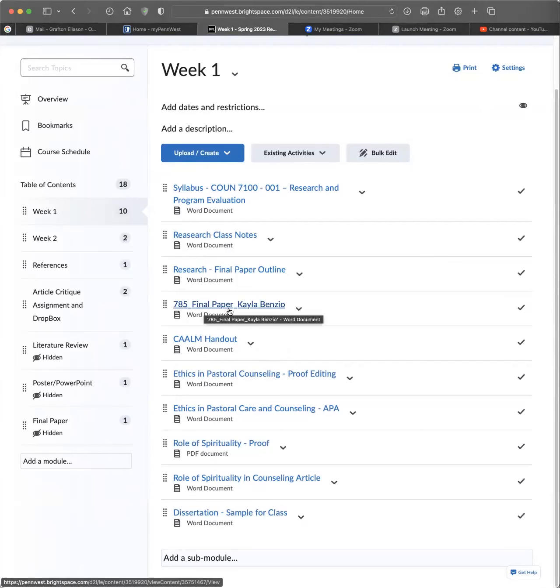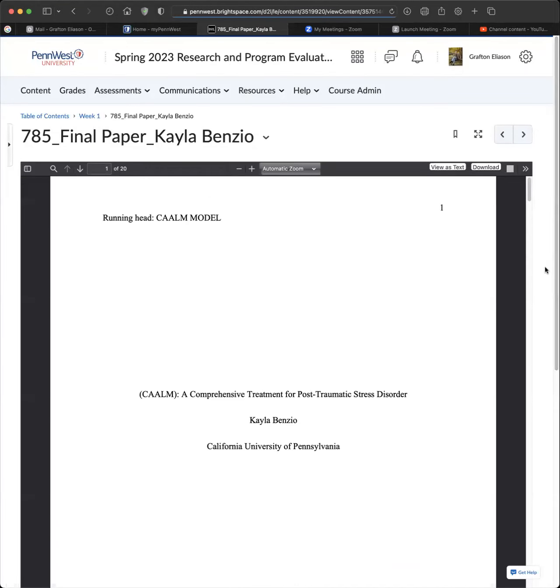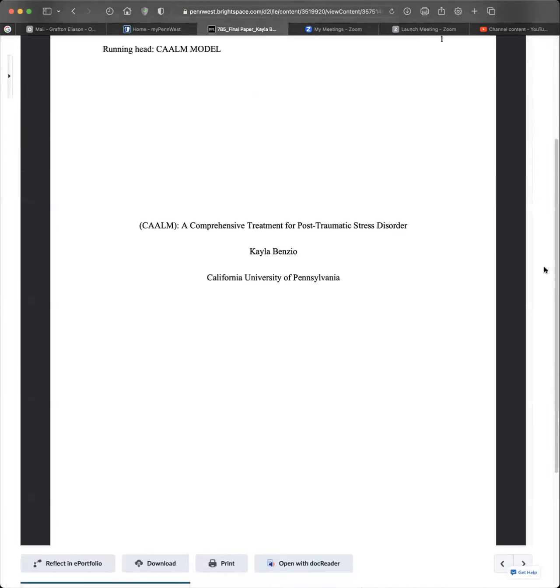But just look at Kayla's final paper, and you can kind of get an idea of how to write about things. Even though she's writing about post-traumatic stress disorder, it's really a sample for APA style, language, professional writing, the outline.